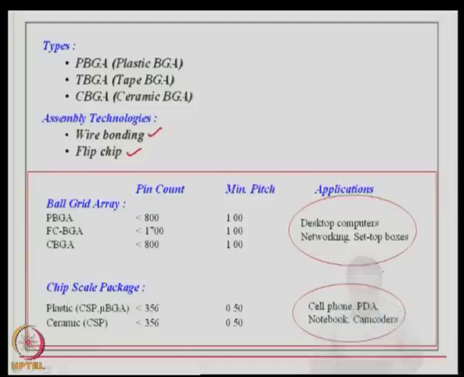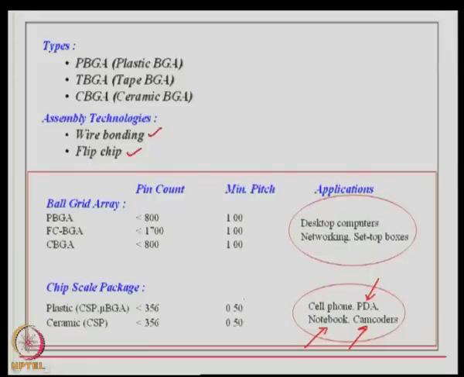For example, BGAs you can see in desktop computers, networking, set top boxes and so on, typically for communication devices. Then you look at CSP, chip size package. These are used for handheld products like a cell phone, personal digital assistants. These are all handheld devices, notebook computers, camcorders and so on. So, what are the pitches that you can expect in a CSP?